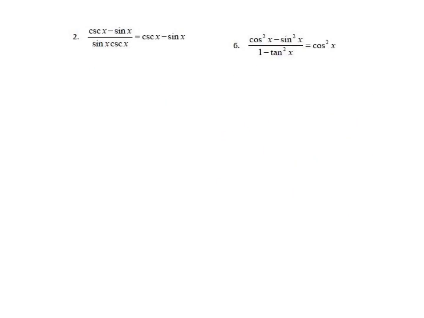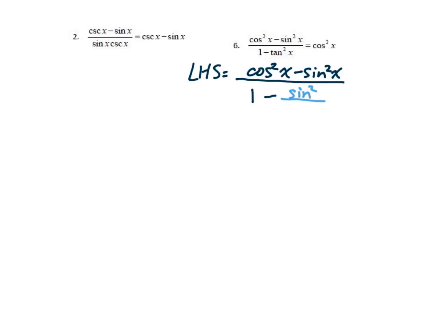For number 6, we know that's the left-hand side. You need to change everything into sine, cosine. For the top, stay. For the denominator, I change tangent square x into sine square x over cosine square x. Then we're working on the denominator.